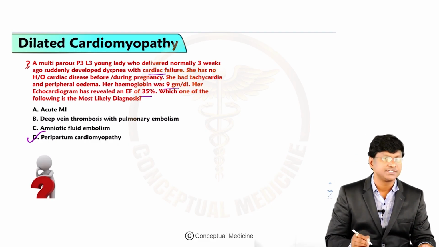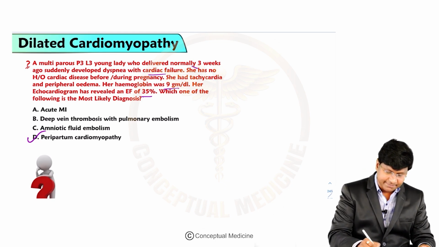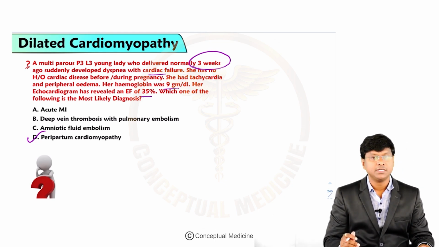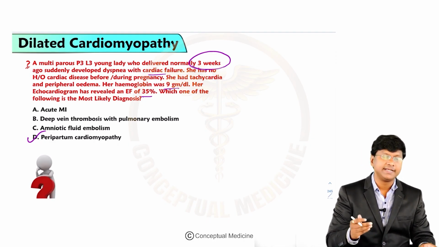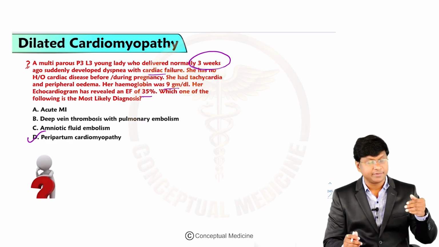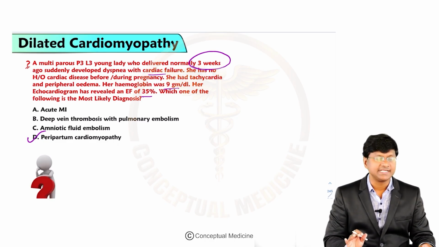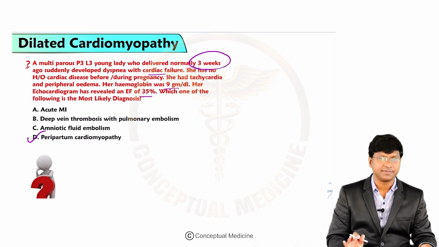Here, ejection fraction is 35%. So all these points are in favor of peripartum cardiomyopathy. And she has developed cardiac failure 3 weeks after delivering the baby. In peripartum cardiomyopathy, the development of dilated cardiomyopathy can be up to 6 months postpartum, right? So this is a classical case of the peripartum cardiomyopathy, right?